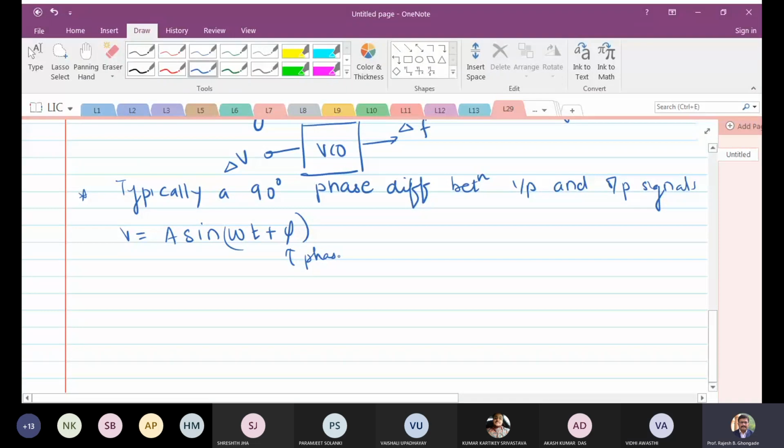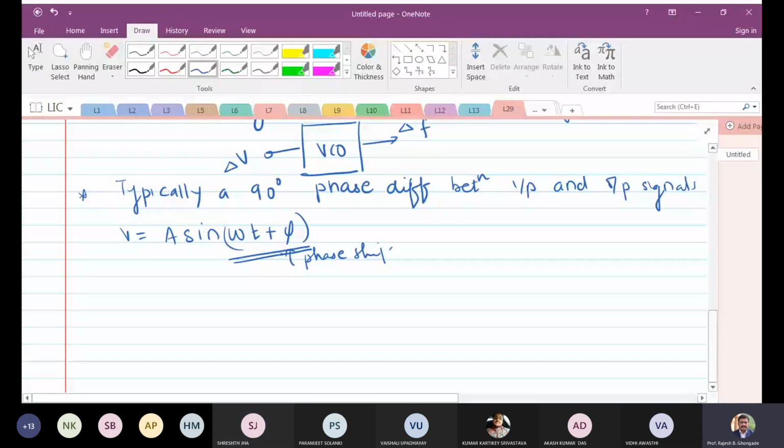Yes, sir. So if you look at this completely, omega is 2 into pi into f, that is frequency. So frequency and phase are both closely related, and that is what affects the signal, isn't it? Yes, sir. Are you able to understand this?